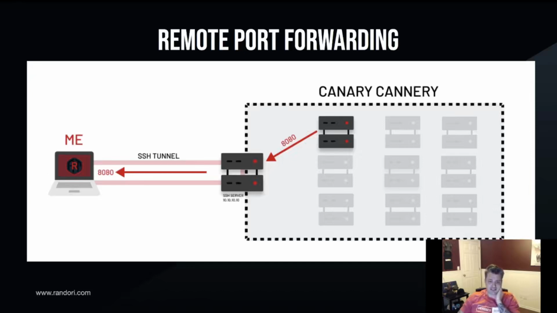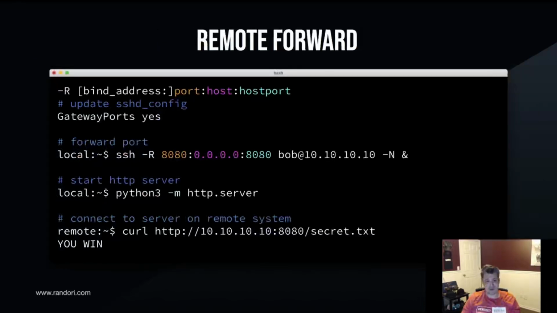So anything that hits this can now hit my system. And then once again, I'll be bypassing that firewall, this time for the egress. So what does that look like? Well, thankfully SSH makes it kind of obvious for us. There's a -R for remote. And then same thing, bind address is optional. I can give it here port, host, and then host port.